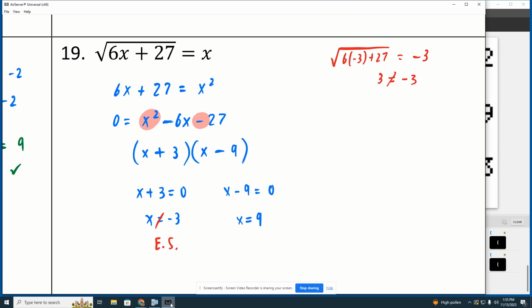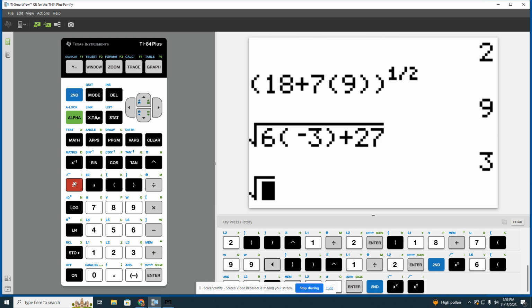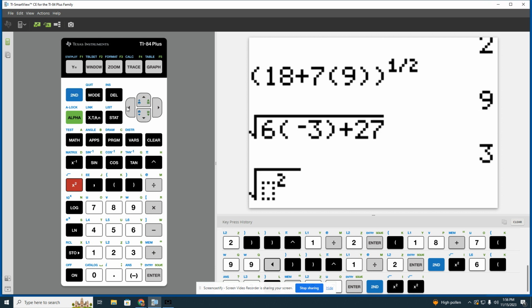Okay, last one. Let's try the 9. So I'm going to go square root of 6 times 9 plus 27. And I'm going to check to see if it equals x, or in this case, 9. So here we go. Sorry about this.